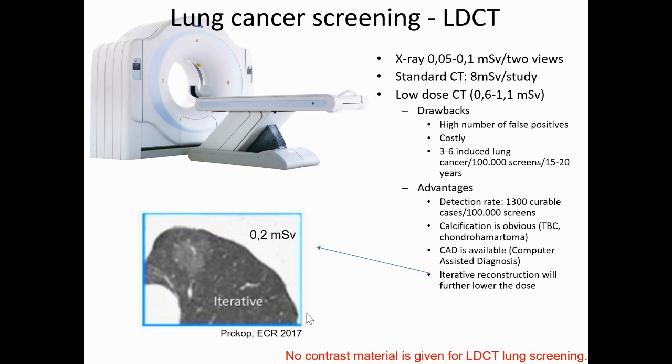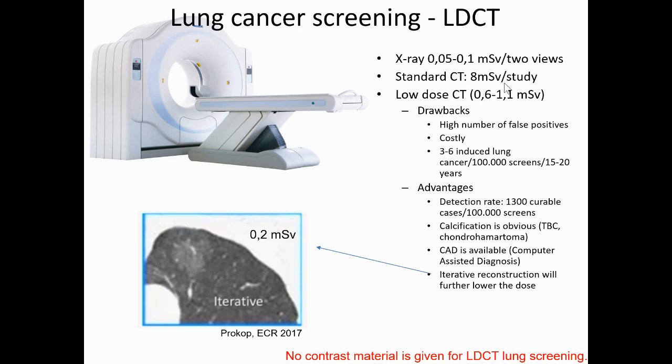So lung cancer screening is a non-enhanced CT technique, which uses about 1 to 2 millisieverts of radiation. As a reference, a standard CT uses 8 and a chest X-ray is about 0.1. The only drawback is that it generates a lot of images, so it's quite time consuming to read.